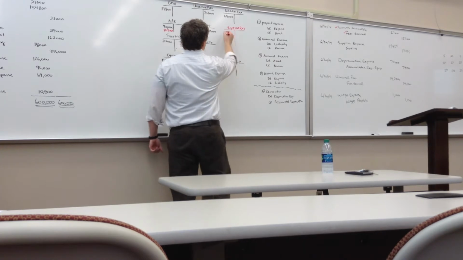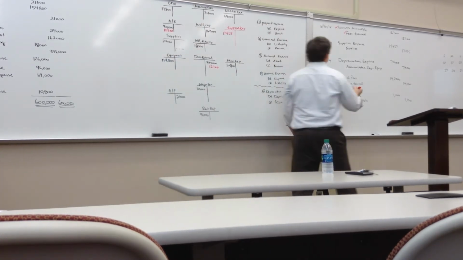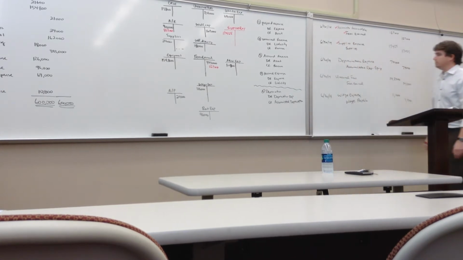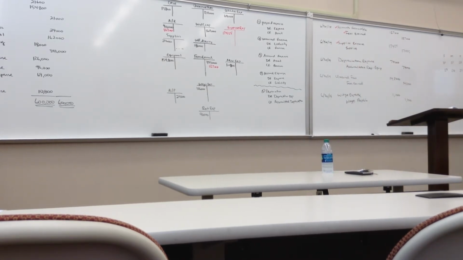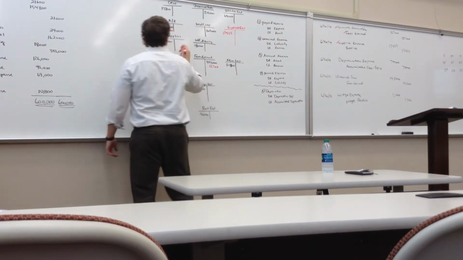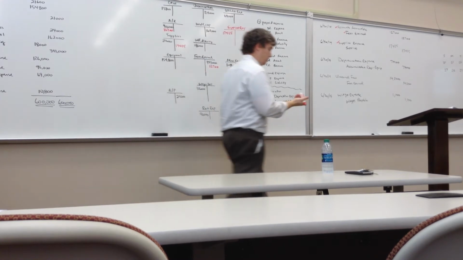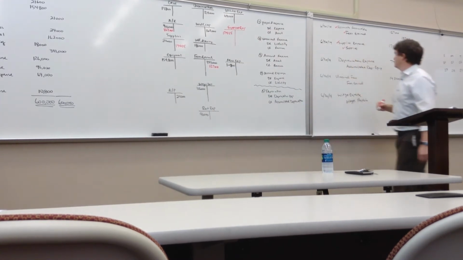I debited it for $17,425. What did I do to supplies? Credit, $17,425. So there's that.